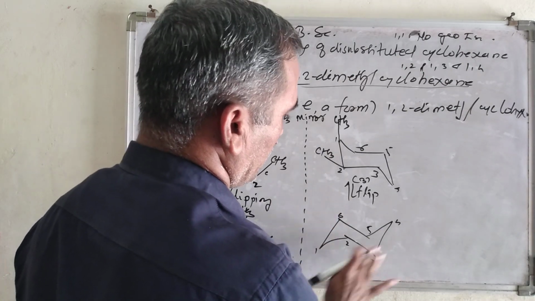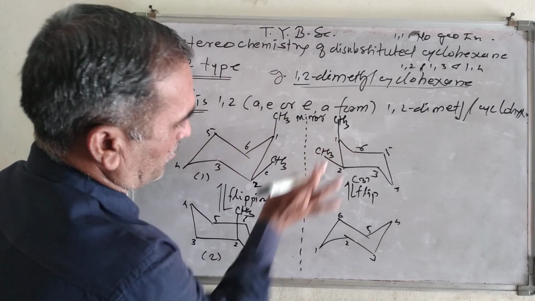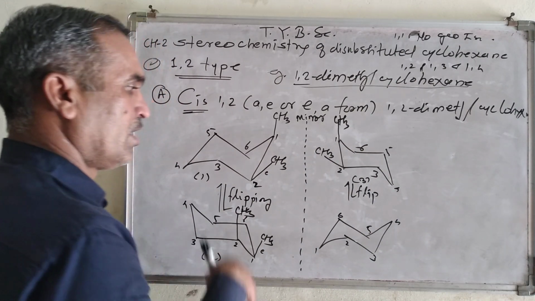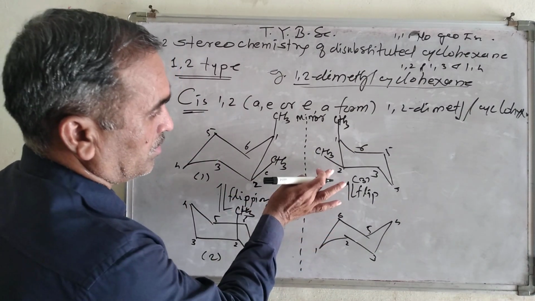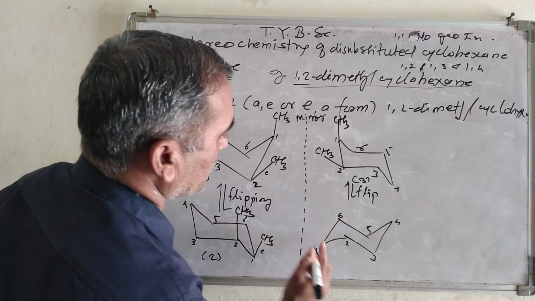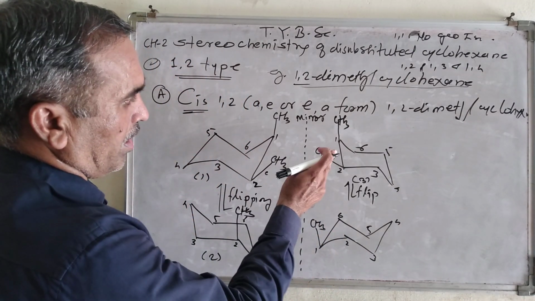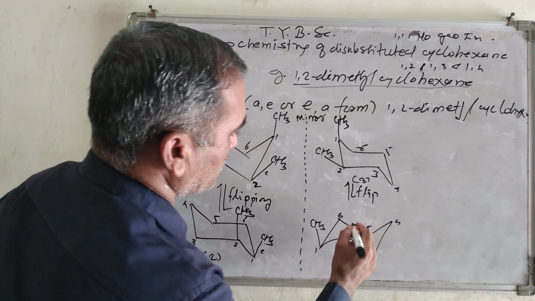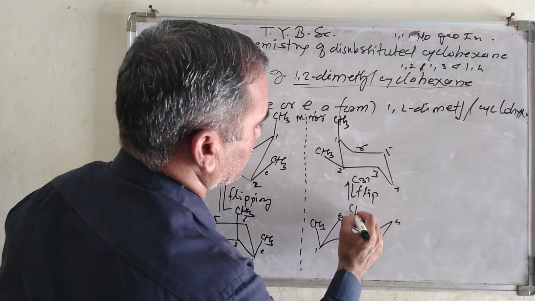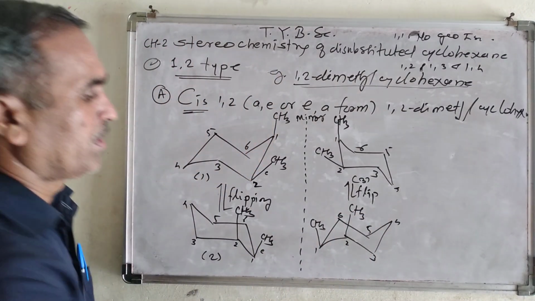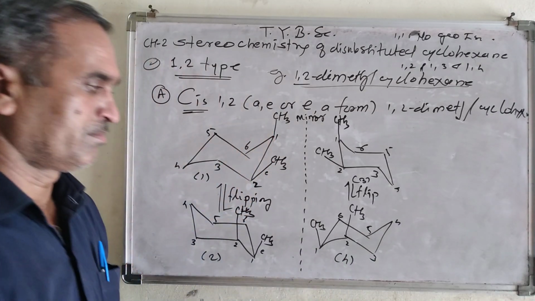We keep the numbering as it is, carbon number 1, 2, 3, 4, 5 clockwise, right? Now after flipping, this axial becomes equatorial, it looks like this, right? CH3, and this equatorial becomes axial, right? After the flipping, this is structure number 4. Got it?